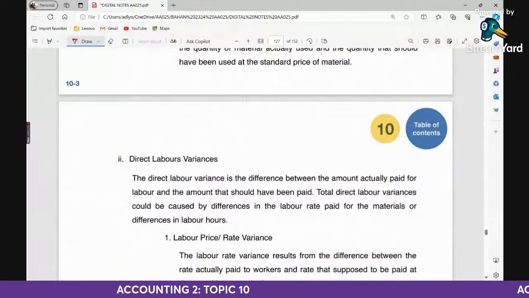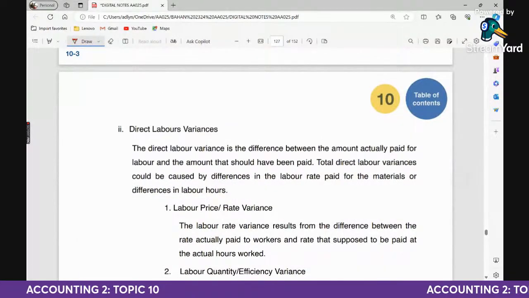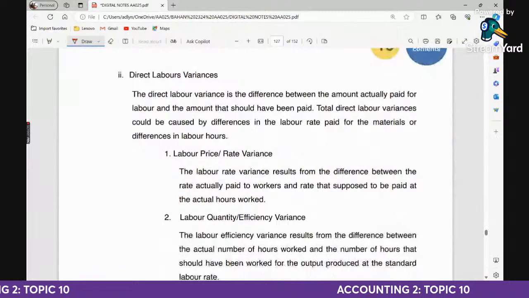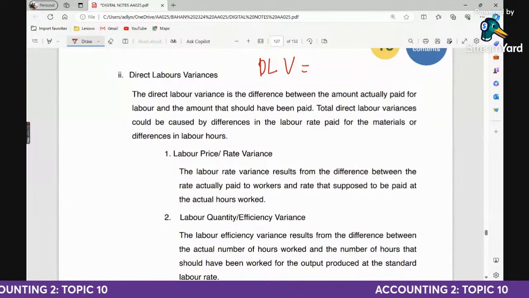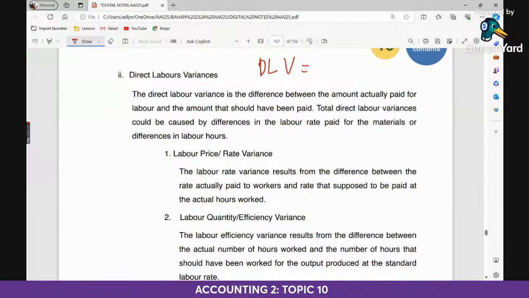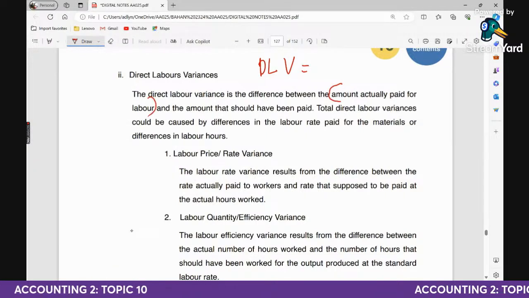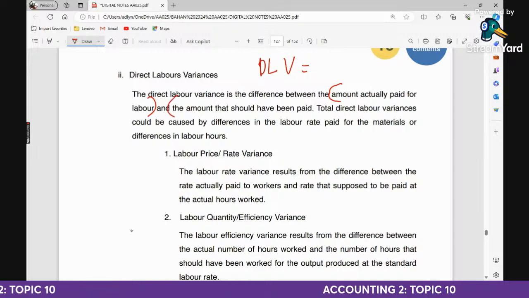Okay, so untuk direct labor variance, sama juga. Okay, nak dapatkan direct labor variance, what do I need to do? Okay, kalau you tengok dekat sini, definition dia is actually a difference between the amount actually paid for the labor dengan the amount that should have been paid.